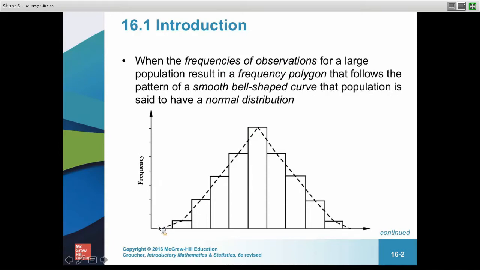If we were to graph, for example, the heights of people in the population, and so here's 0, and here's the x-axis, people getting taller and taller, we would find that we'd have a few shorter people down this end, closer to the 0 mark, and then climbing up, still shortish, getting to the average right in the middle.